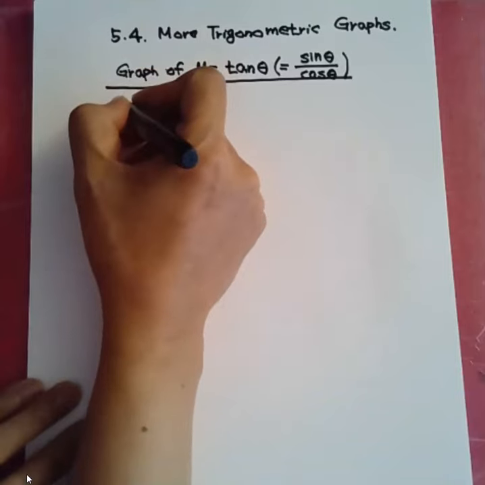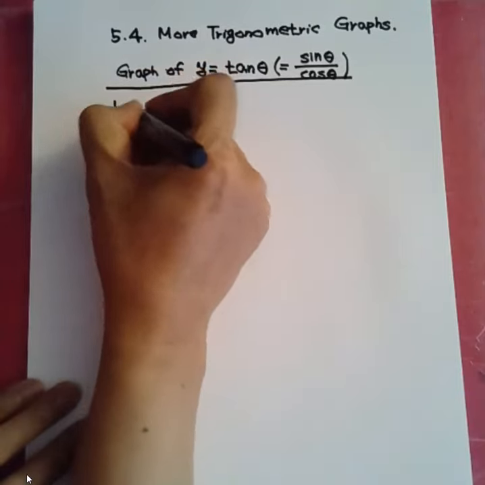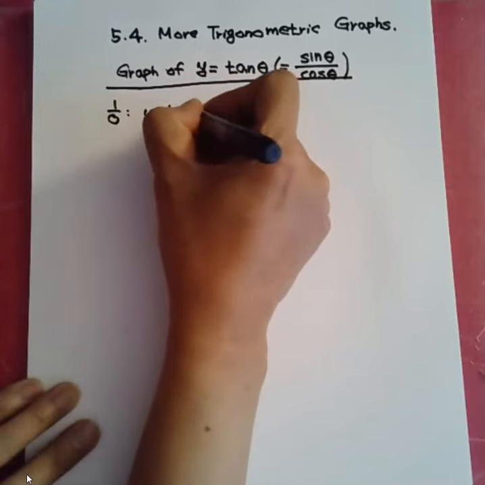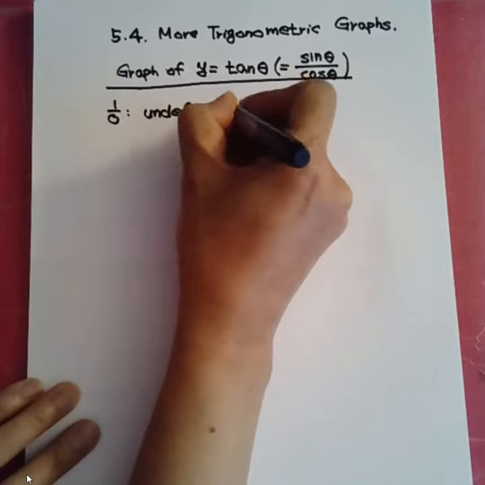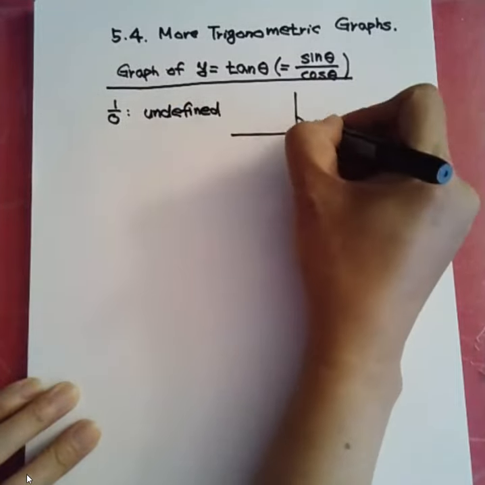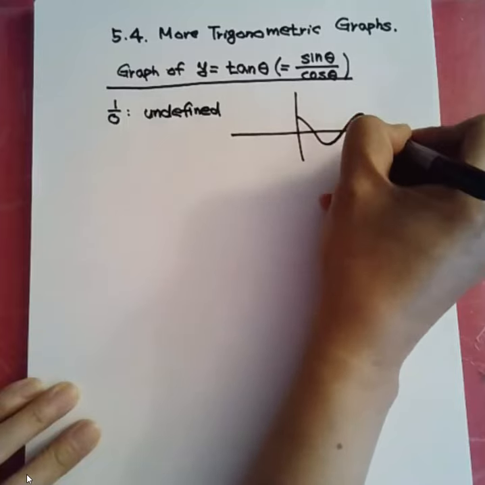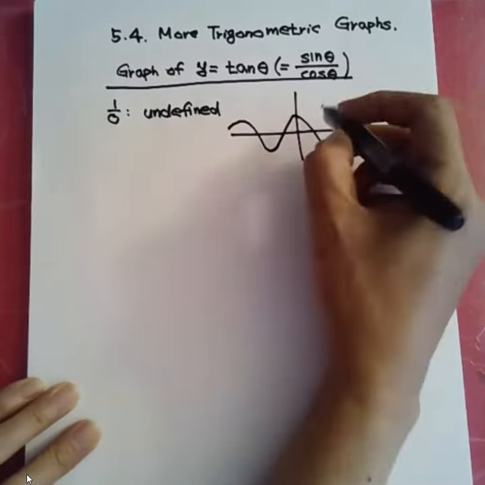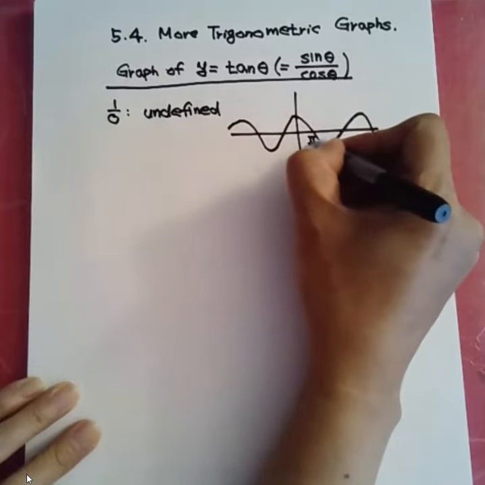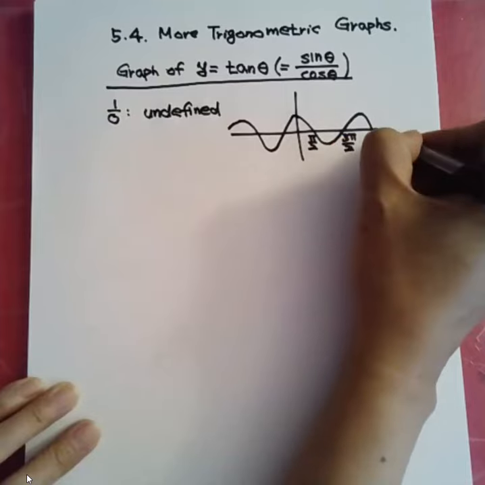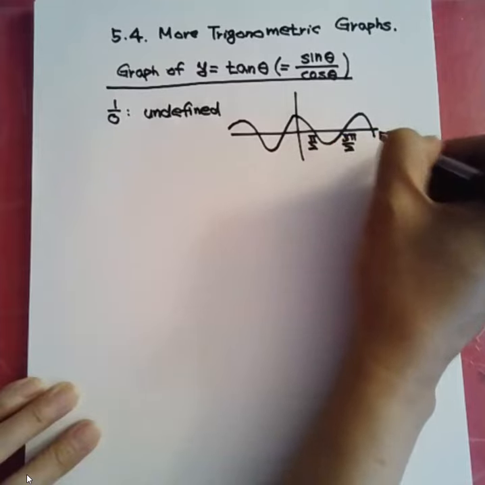What I'm trying to say is 1 over 0 is undefined. And if you think about the graph of cosine, then pi over 2, this is 3 pi over 2, this is 5 pi over 2, and so on.